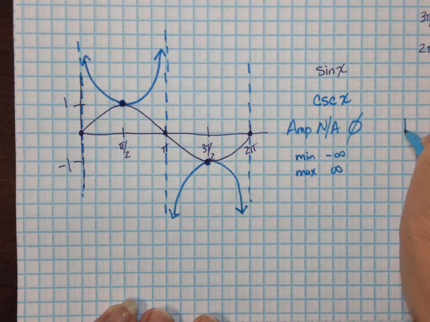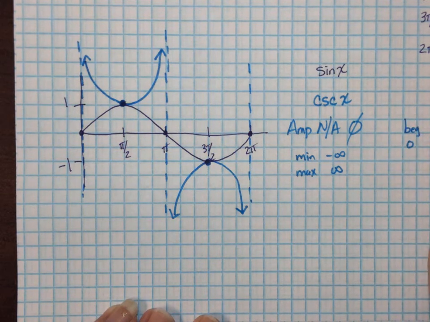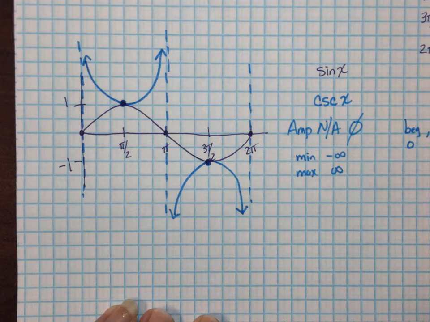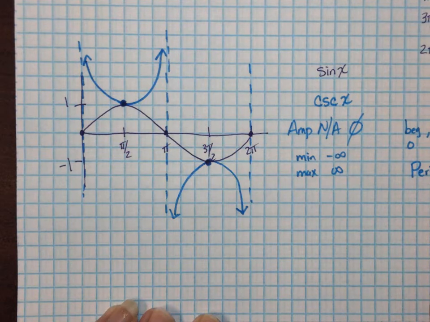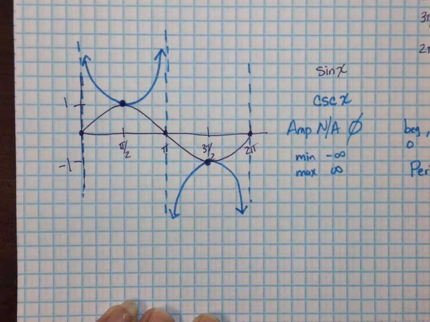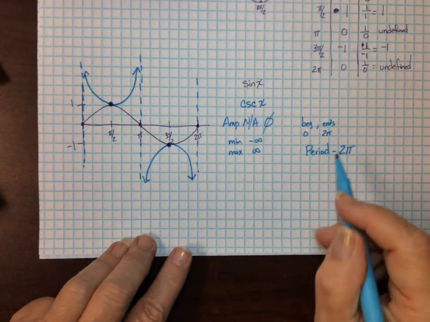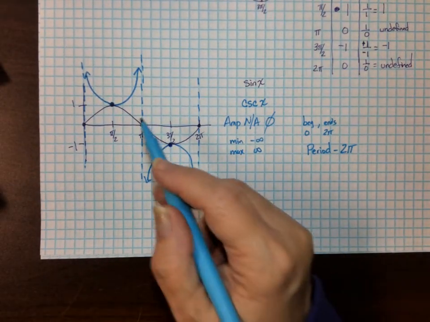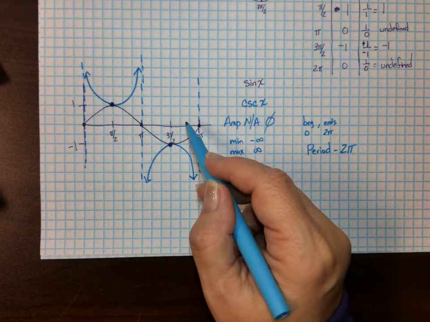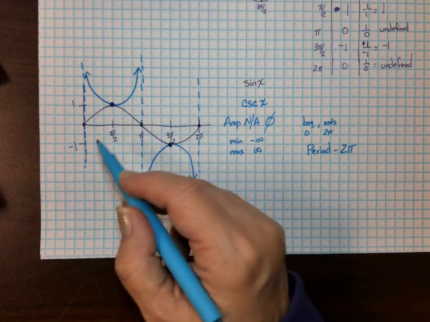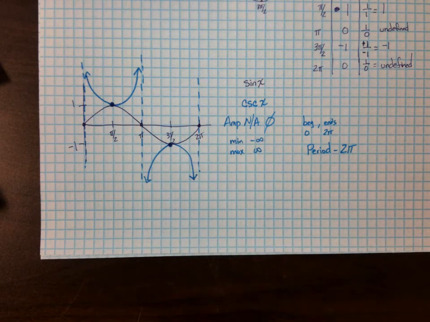This function begins at 0, ends at 2 pi, so the period length is 2 pi, like sine. That would make sense. If the period for sine is 2 pi and cosecant is the reciprocal, it's going to also have a period of 2 pi.